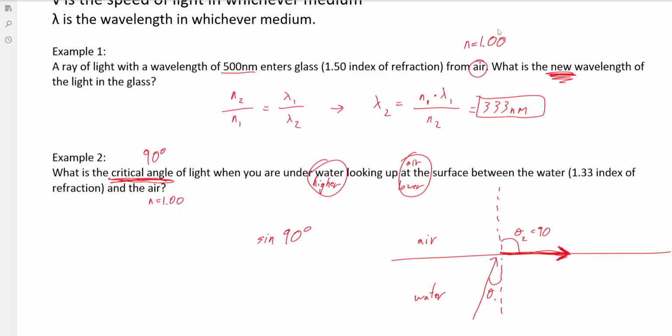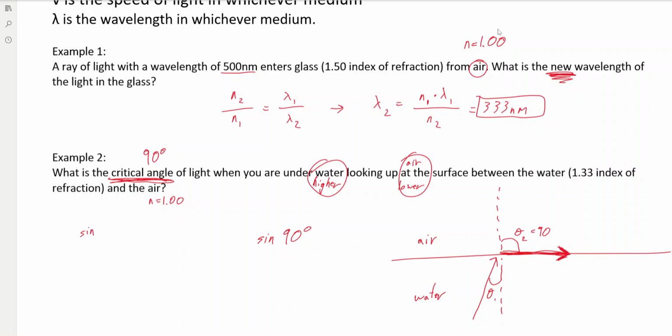And so at that point, instead of being along the surface, which it can do, it'll start to obey the laws of reflection and hop over here. So that's what we're looking for, when that angle becomes 90.